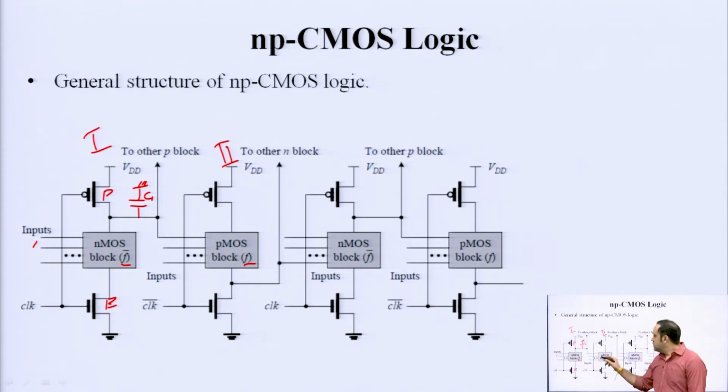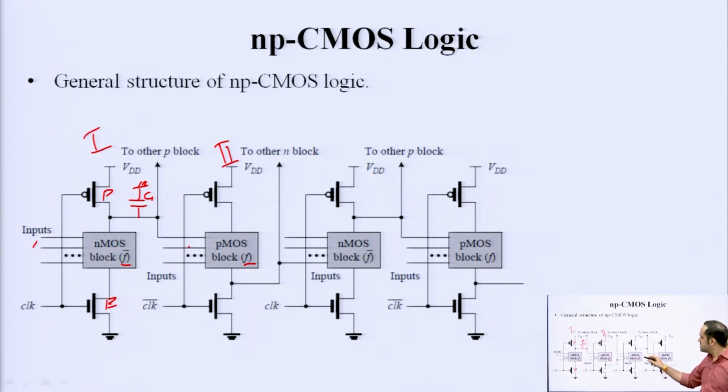The remaining inputs are applied here to the PMOS block or the P tree or the pull up network. So, you have one pull down network here, inputs being applied to it, some output is generated after evaluation, logic 0 or logic 1, that is applied to one of the input of a PMOS block, a pull up network, and all other inputs are there. Now, similarly, the output of this again goes to the next NMOS block and other inputs are applied.